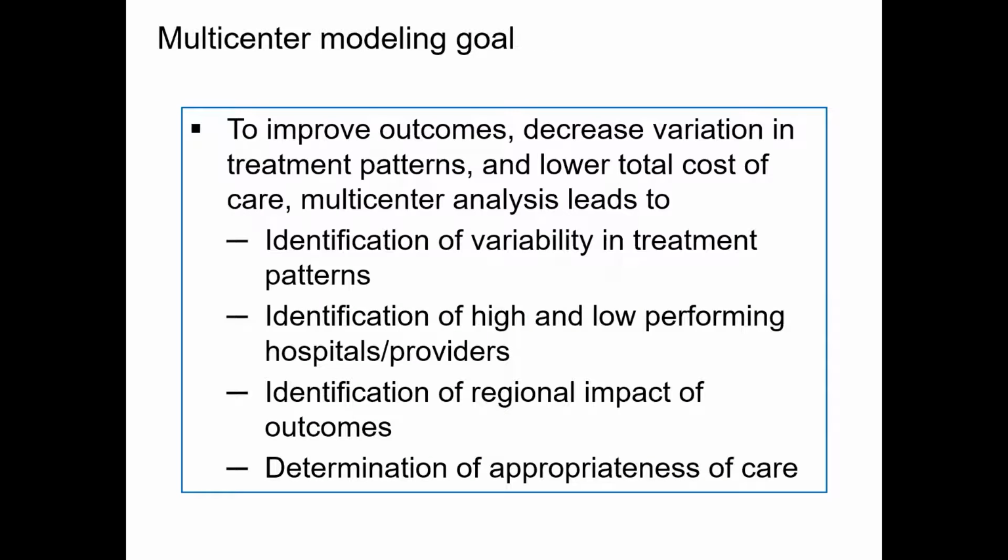Multi-center modeling has increased in popularity with the increase in CQIs and registries. The main goal of multi-center modeling, therefore, is to improve outcomes, decrease variation in treatment patterns, and lower total cost of care. This then leads to identification of variability in treatment patterns, identification of high and low hospitals and/or providers, identification of regional impact, and determination of appropriate care.